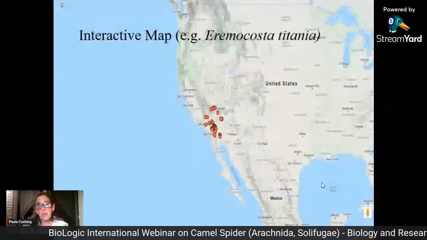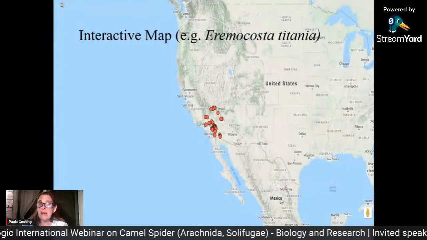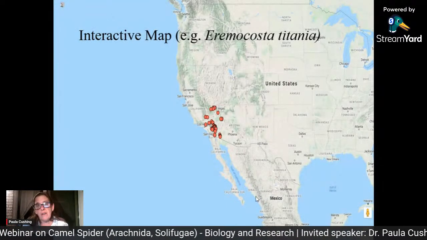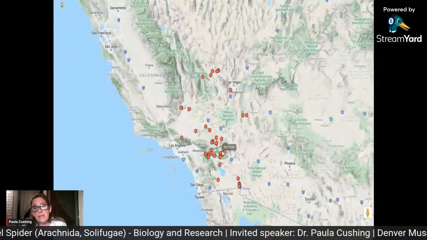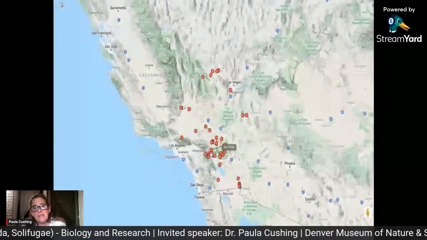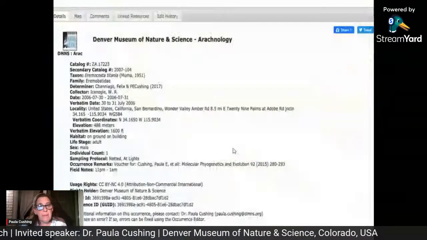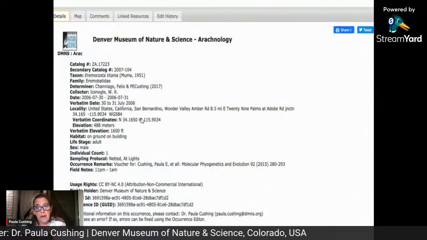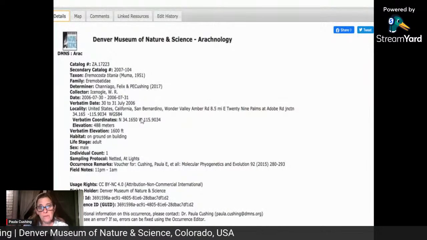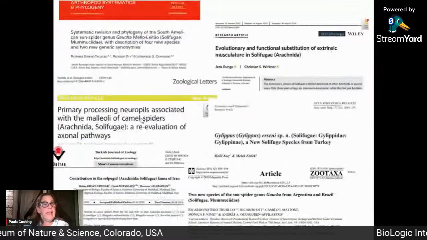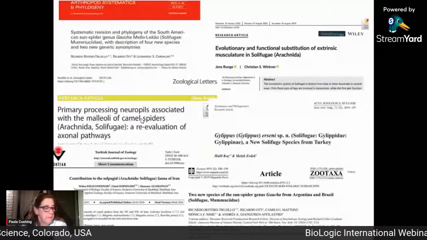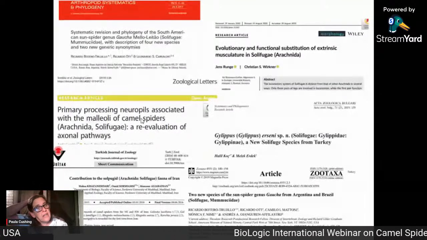And through this website, we're also providing interactive maps. In these interactive maps, you can click on any of these little dots and it will take you directly to the database record for that particular specimen.